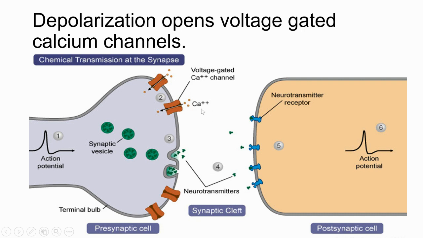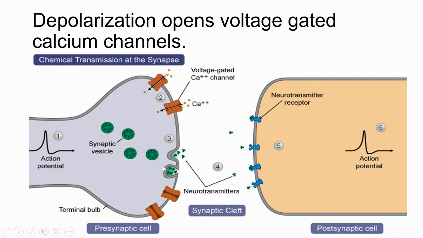That calcium is going to basically signal these little vesicles. They're called synaptic vesicles. And inside that synaptic vesicle, that's where all of our neurotransmitters are located. So the calcium then signals neurotransmitter vesicles to migrate toward the membrane, right here.